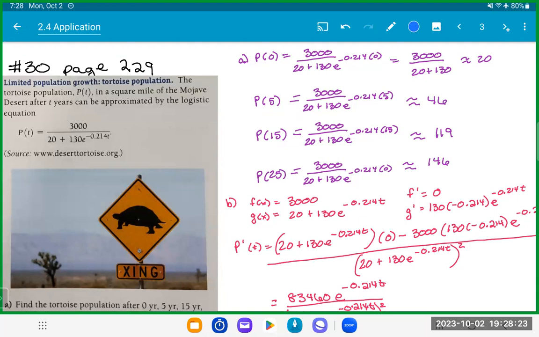What if I go 100 years from now or 1,000 years from now, right? So we get way, way out there. And you would think that this number would get extremely large, but you'll find that it actually becomes limited at about 150. So I would encourage y'all to just try some other numbers, right? You'll get closer and closer to 150, but you're not really going to get over 150. And so that tells me that I have a limiting value on the population of the tortoises in this 1 square mile, meaning that we probably won't ever get more than 150 tortoises in that area.